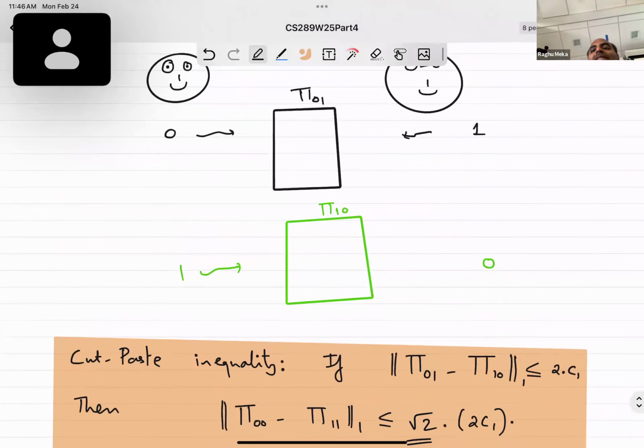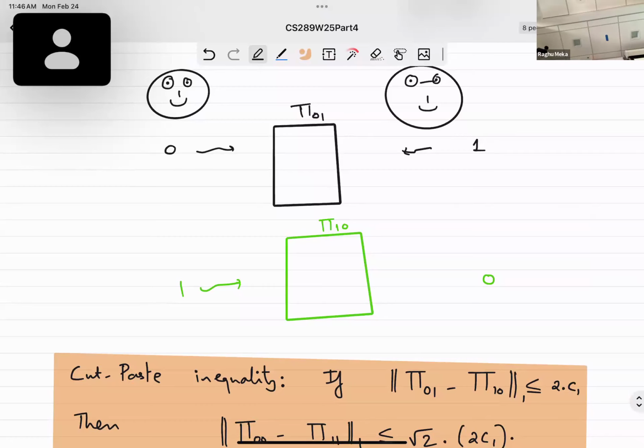So this is called cut paste inequality because it's saying somehow if the protocol looks the same whether I have 0 or 1 and whether you have 1 and 0 for me, then it should be the same whether it's 0, 0 or 1, 1 as well. If 0, 1 and 1, 0 are same, then all four sort of combinations should be the same. Because the only thing that we see is from the transcript. Okay, from your perspective, whether I have 0 or 1, what I'm saying looks the same, then it should be the same whatever combination I use.